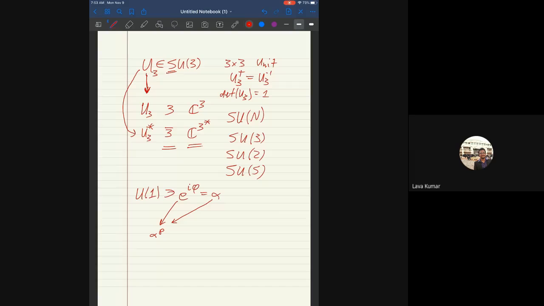That would still be a representation of the group U1. That mapping preserves the product, and that alpha to the p acts on a one-dimensional vector space. So let's say V is an element of my one-dimensional vector space. V is just a vector space with only a single basis element. Then under this representation, it gets mapped to alpha to the p times V.